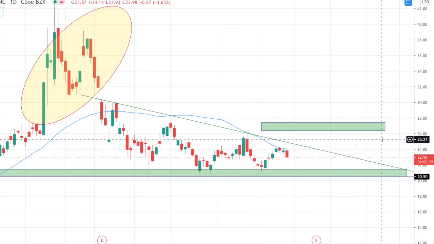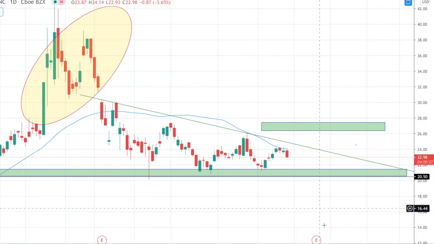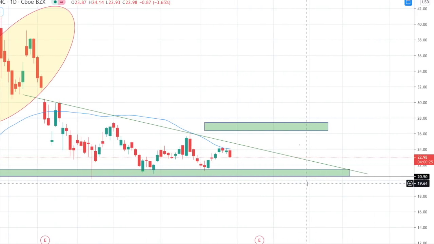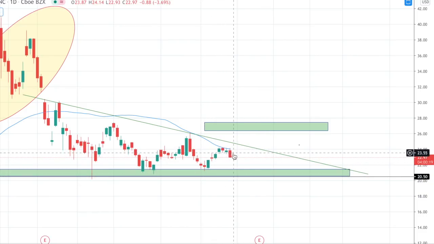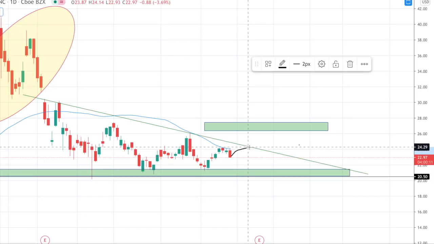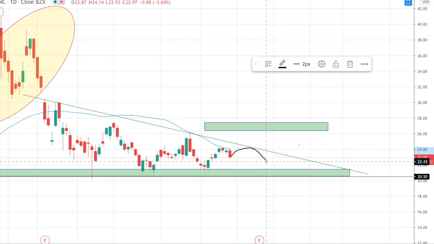And as we can see now, we have today a significant pullback from that level. So now the question is: is this little bounce already in its pulling back phase, or maybe it's just a day and we can go on and try to touch once again this downtrend line?